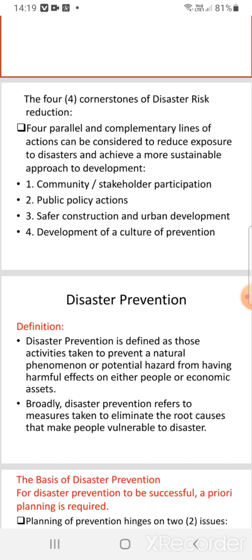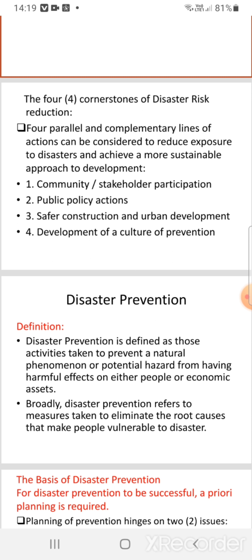Then, safer construction and urban development. That is, development of urban areas and making constructions that are safer. For example, earthquake resistant structures will resist earthquakes.